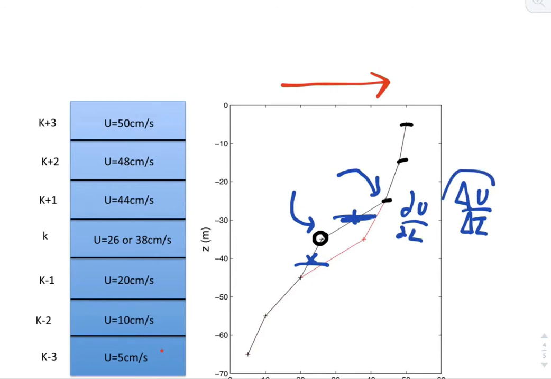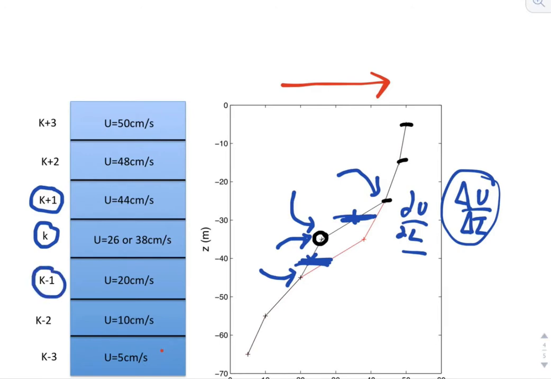An estimate of this derivative using divided differences at this lower interface is going to be equal to this value here minus this value here divided by the distance between them. So I can go ahead and write that. I've given these identities. This one is k plus 1, the index for this particular velocity. My velocity of interest is velocity k, and the velocity below it is k minus 1. Those are the 3 data points I'm going to use to get at this estimate.